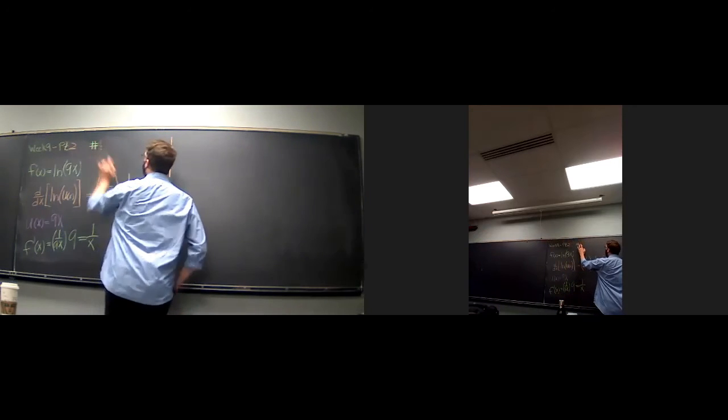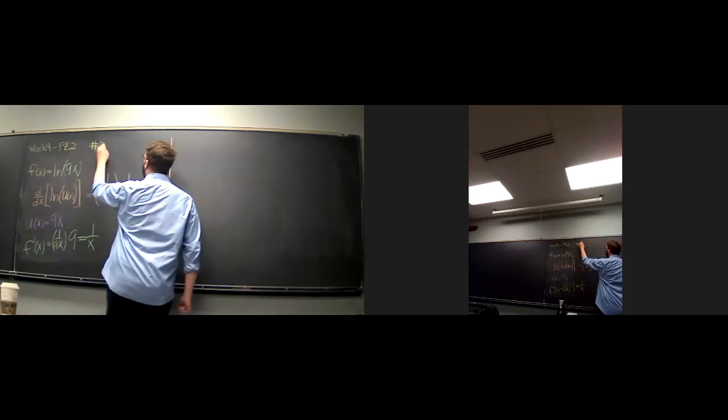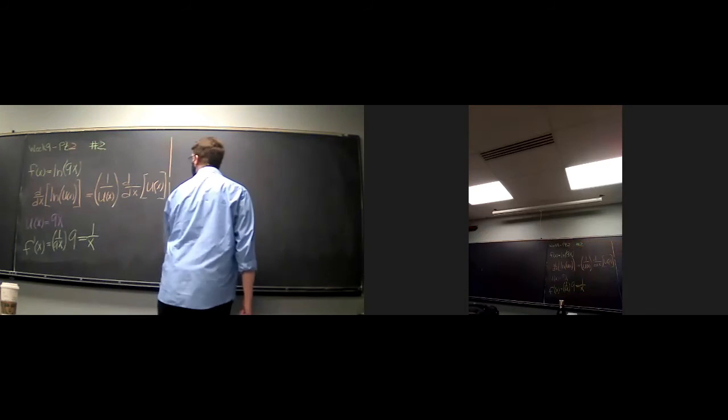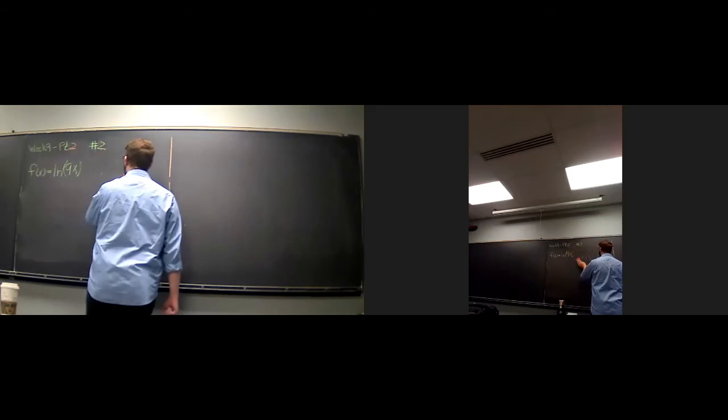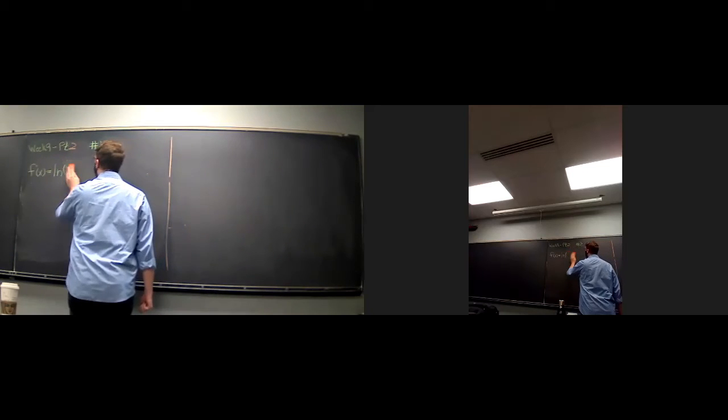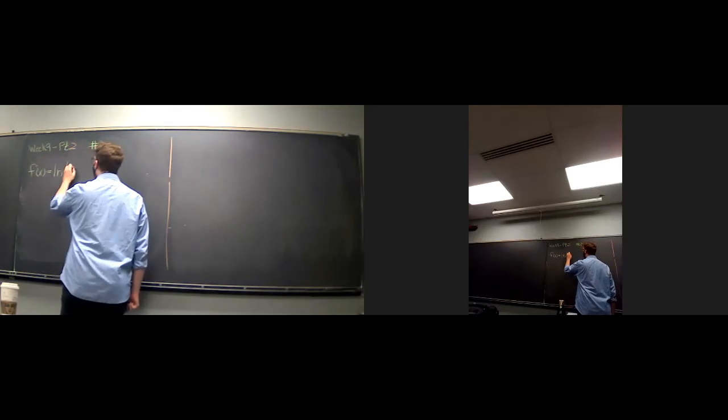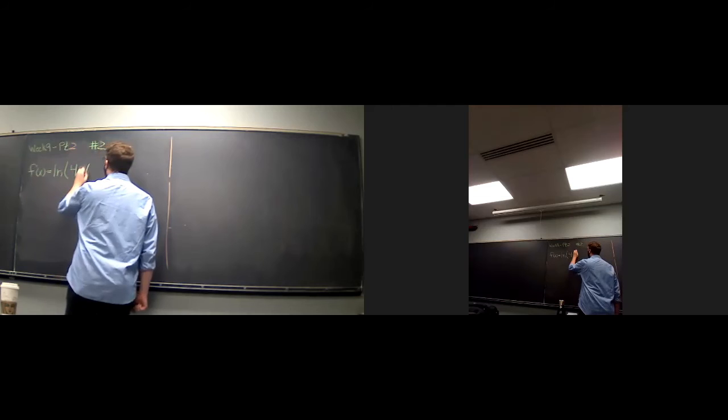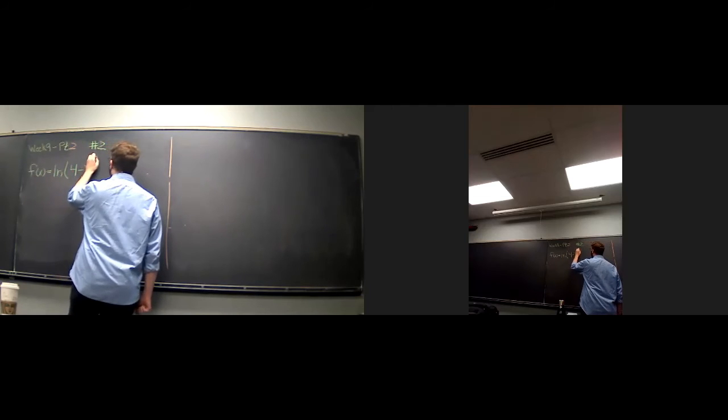Now looking at number 2, we've got something slightly different. We've got the ln of 4 minus x to the 8th.